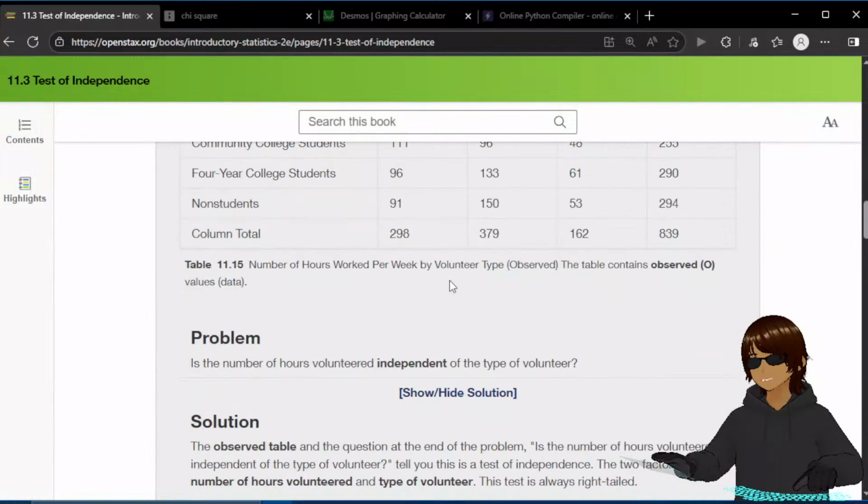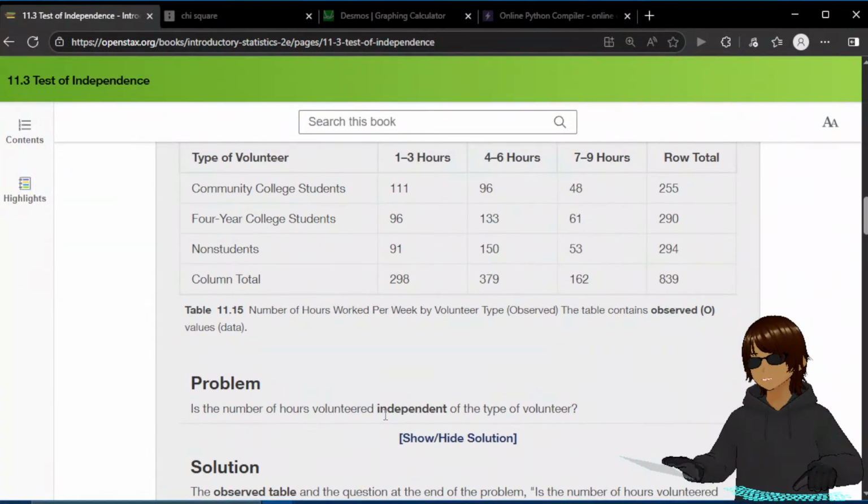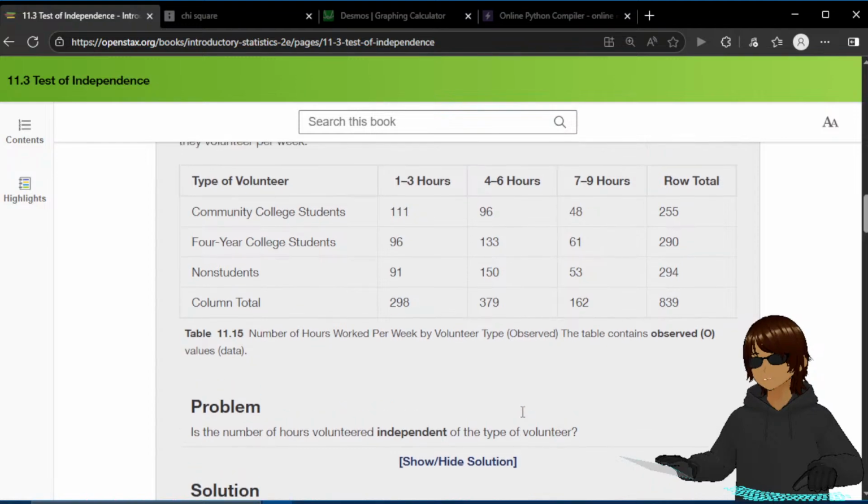Okay, we want to test the number of hours volunteered independent of the type of volunteer. So, for example, we are talking about community college students and 1 to 3 hours.